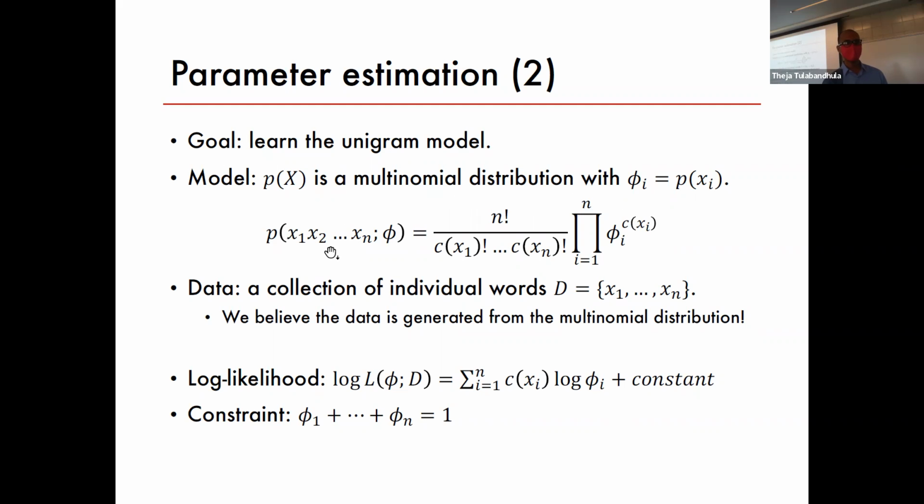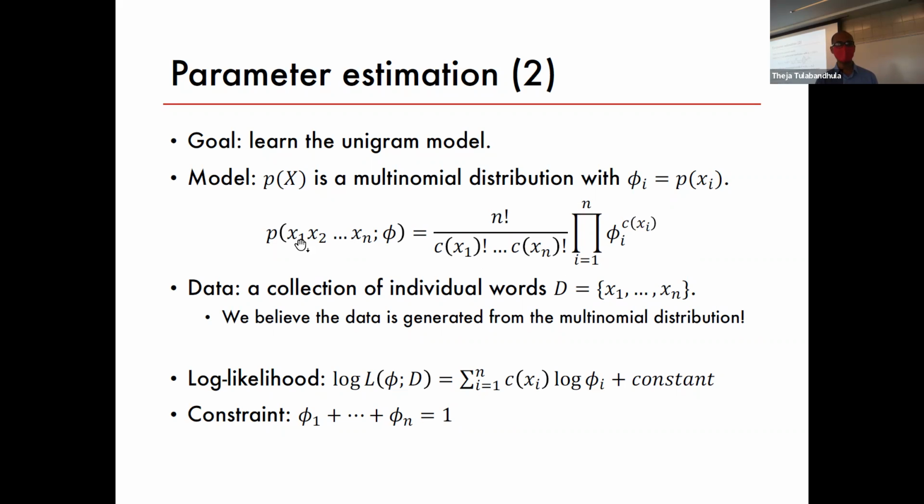Then the probability of a collection of words, or a sequence of words where the sequence information is ignored, given the phi vector, the phi parameter set, is given by this multinomial expression. This is just the PMF for a multinomial distribution. So what are the symbols here?